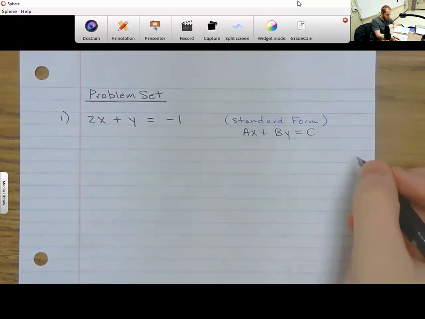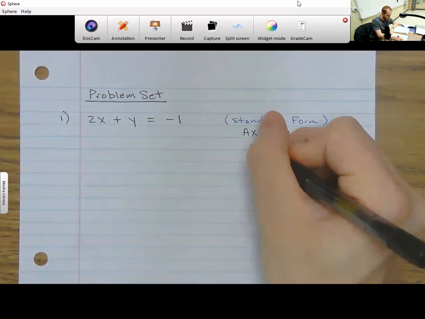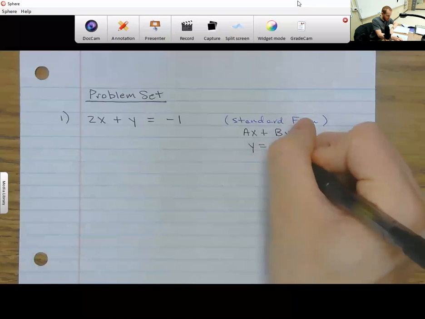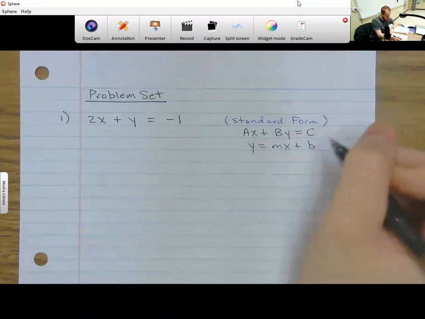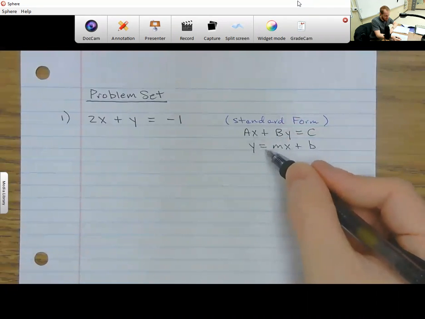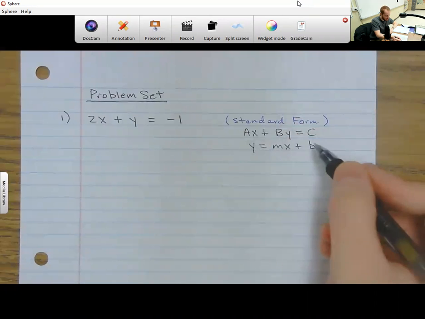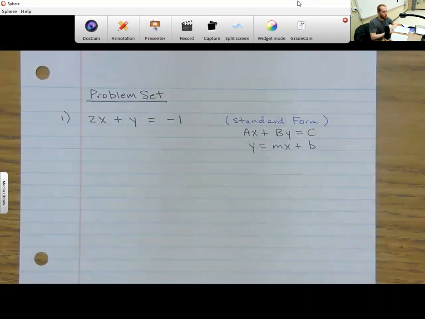And what I do is I want to take it from this form to slope-intercept form, which is y equals mx plus b. And that's pretty easy to do. You just got to get y by itself. And once you've done that, you've pretty much got it in slope-intercept form. So how do I go from this to slope-intercept form?